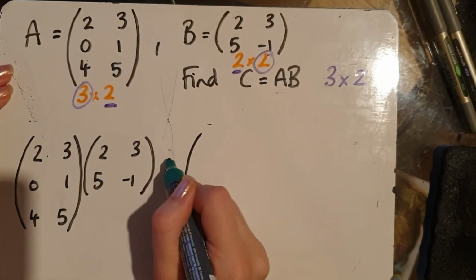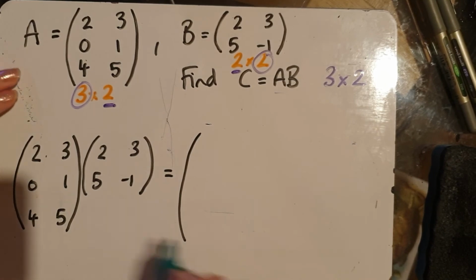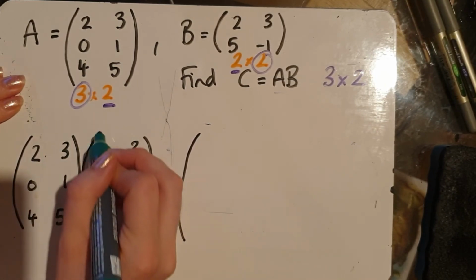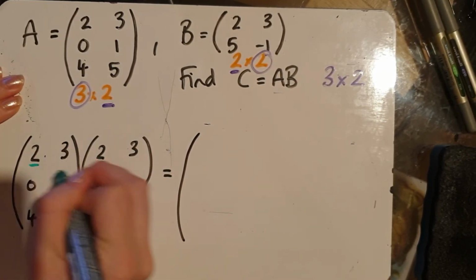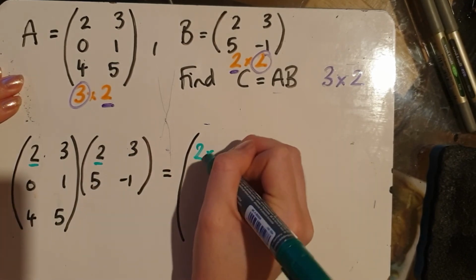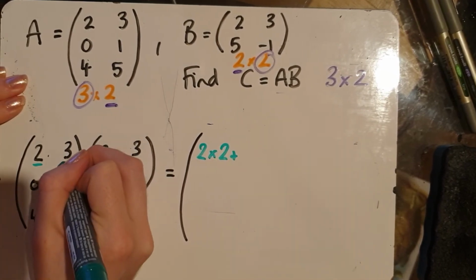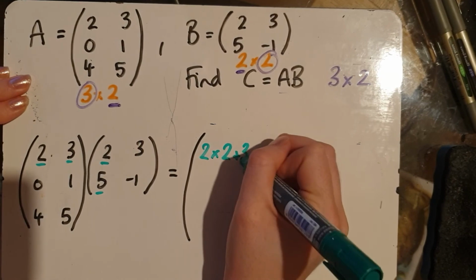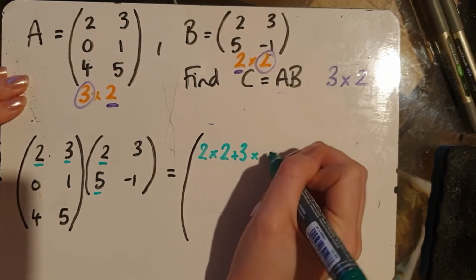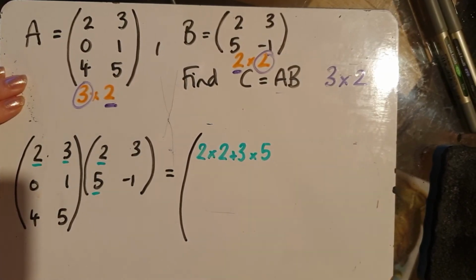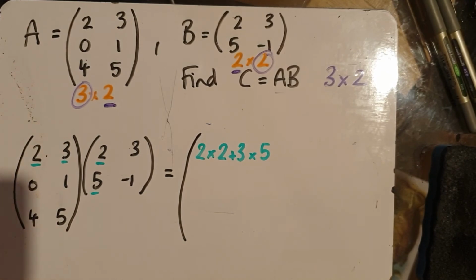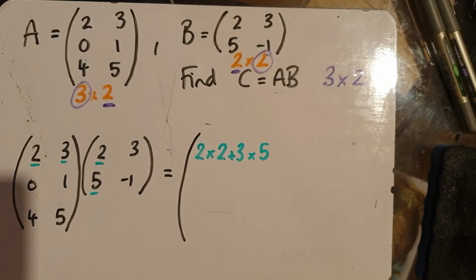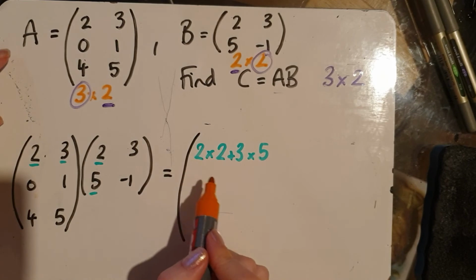So first row, first column. I'm doing first row multiplied by first column. So I'm going to do 2 times 2 plus 3 times 5. First row, second column.